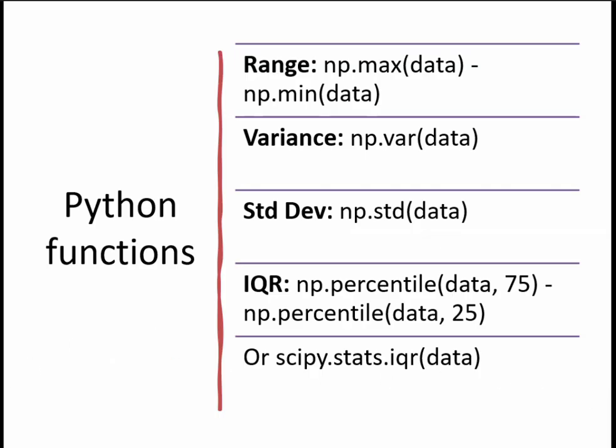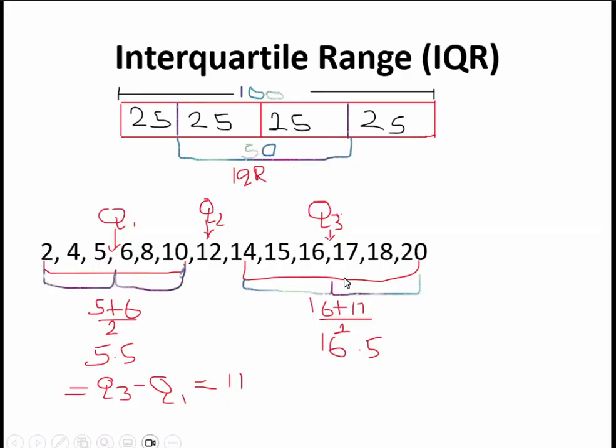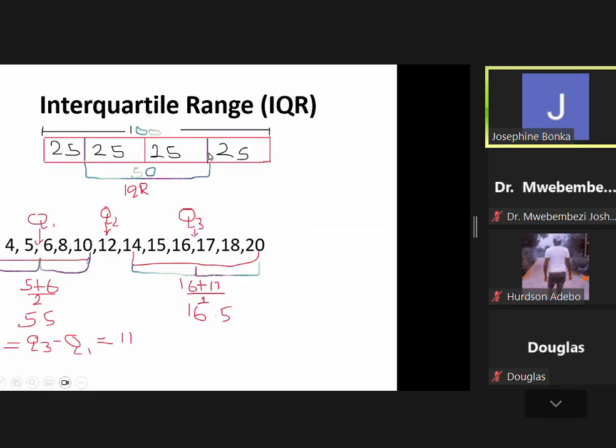So percentile, this 75 is our third quartile, because I think you all agree that at this point we are at 75%. Then at this point we are at 25%.